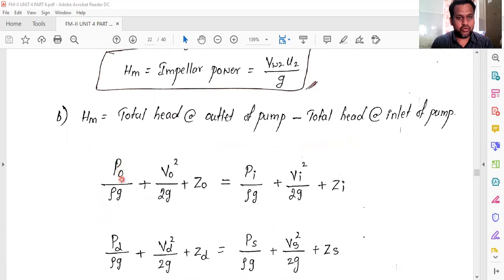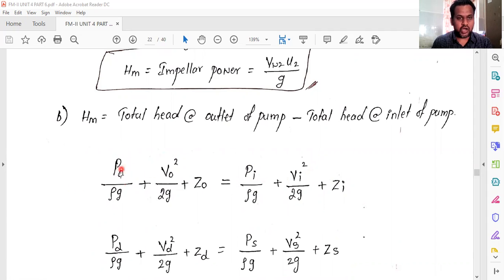So PO divided by rho G, already you know Bernoulli's equation, plus VO square divided by 2G plus ZO, where O means outlet. This is pressure head, this is velocity head, and this is elevation head. So this Bernoulli's equation at the outlet point should be equal to Pi, that is the inlet point, divided by rho G plus Vi square divided by 2G plus Zi, that is pressure head at inlet plus velocity head at inlet plus elevation head at inlet.